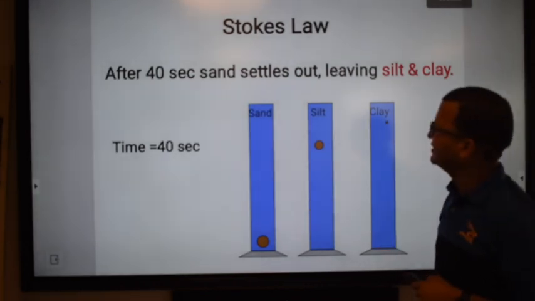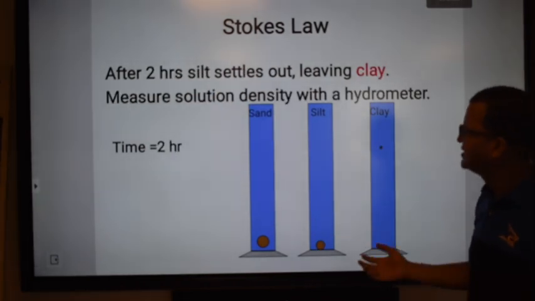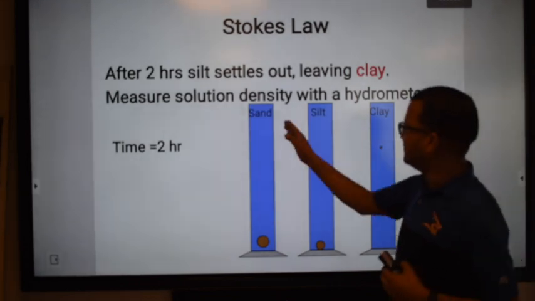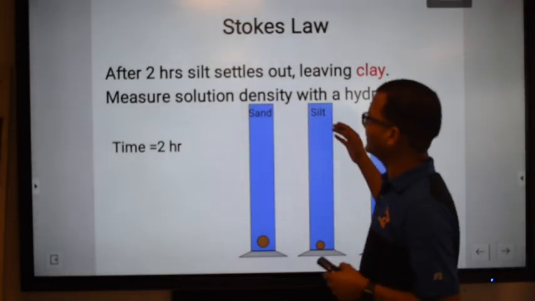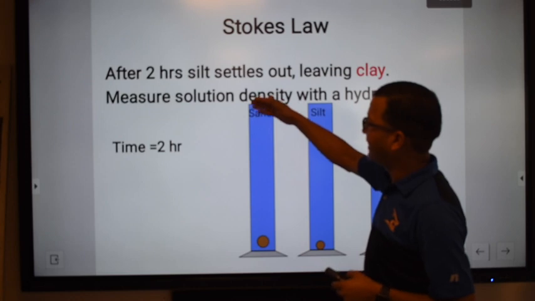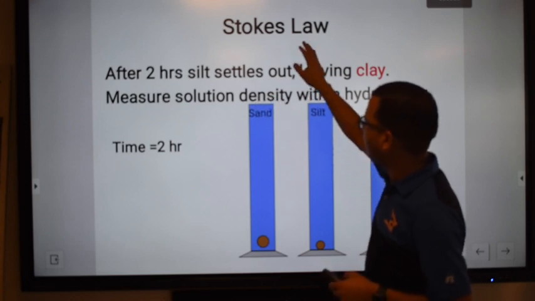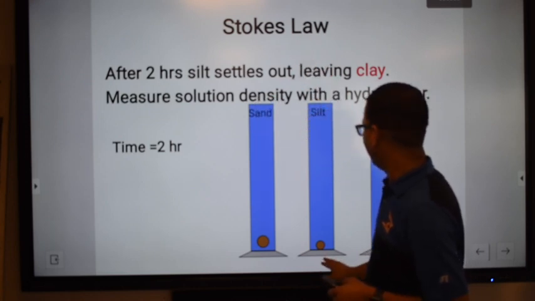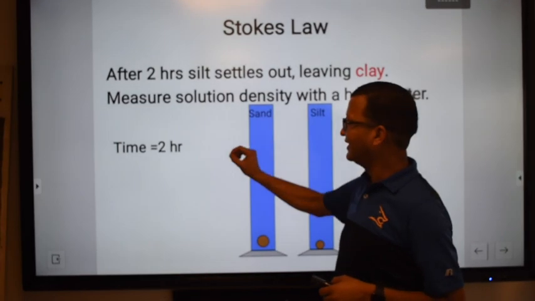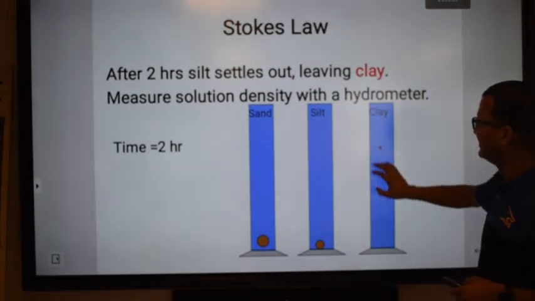The silt particles take another 2 hours to settle. If we measure after 2 hours, all the silt will have settled, but you will still see some clay particles in the mix.